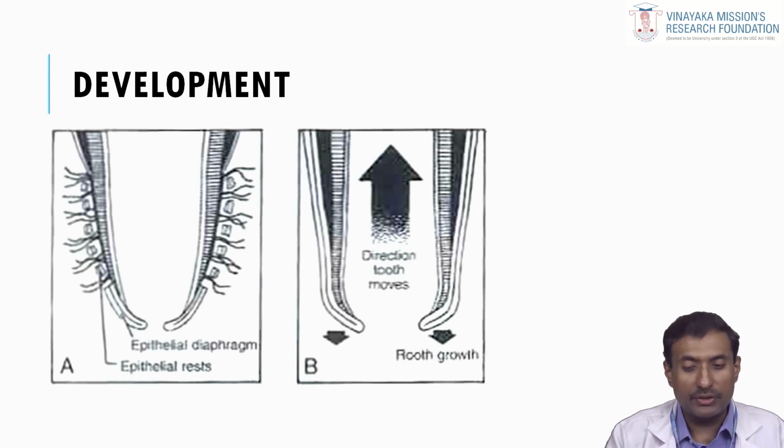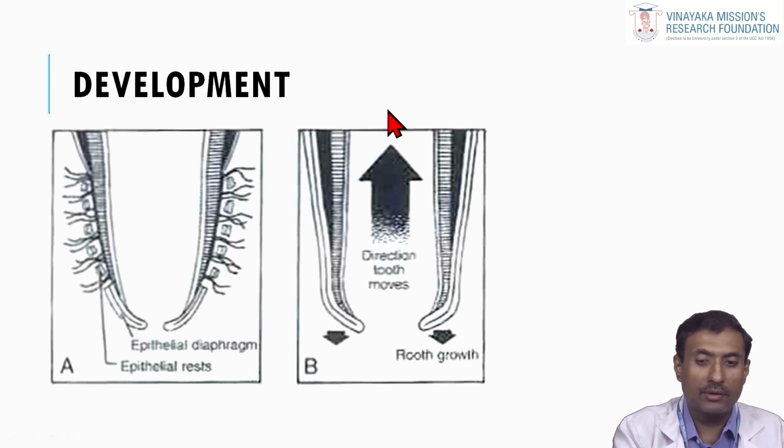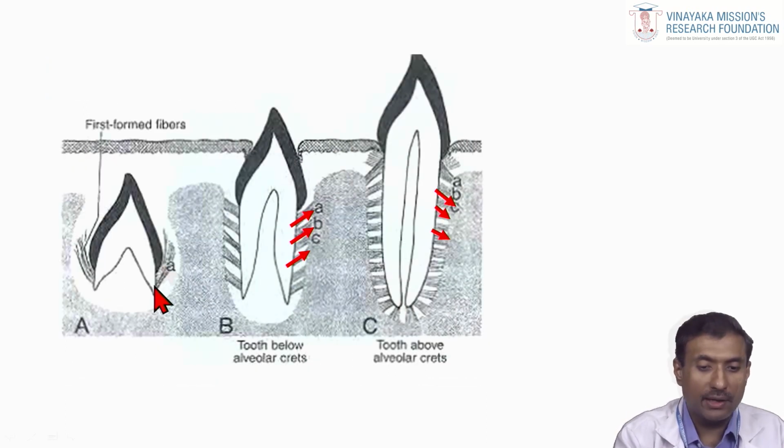Now I would like to touch briefly on the development. The reason for mentioning the development is, as you can see, the direction of the tooth is upwards or occlusally, that is, it moves from the bottom or inferior part of the mandible, or in case of the maxilla, it moves away towards the occlusal surface. Because of this, when the periodontal ligament fibers are first formed, they do not have any particular direction and the root has not formed.